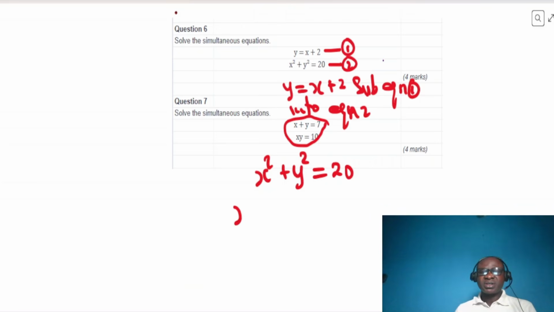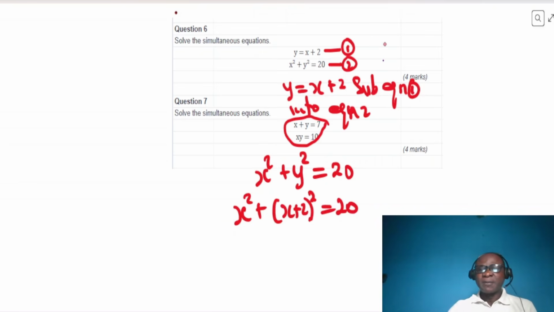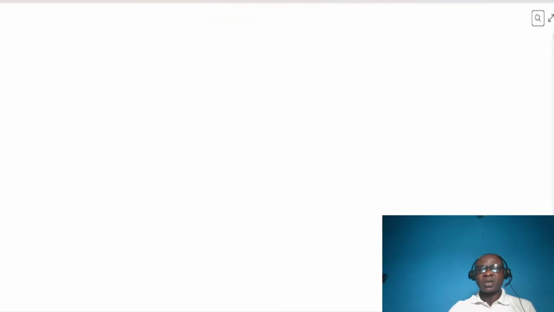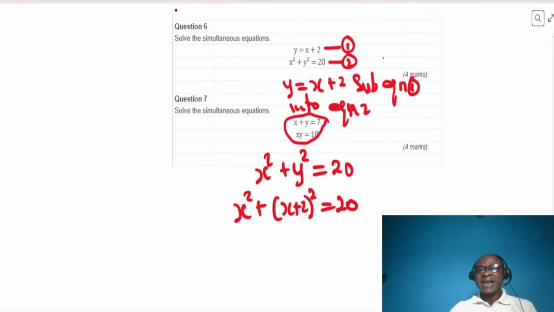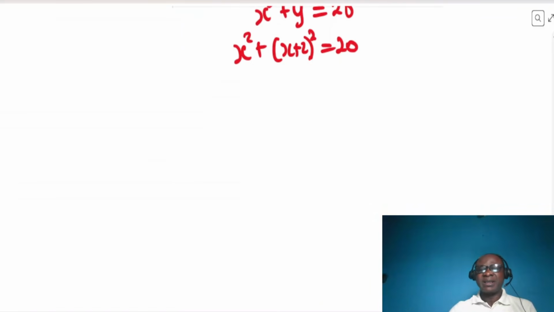x raised to power 2 plus y, now written as x plus 2, raised to power 2, equal to 20. I have now replaced y with equation 1. The next thing we do is to expand the bracket, and that means I am going to have x squared.